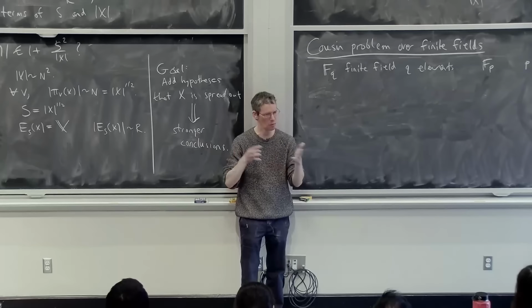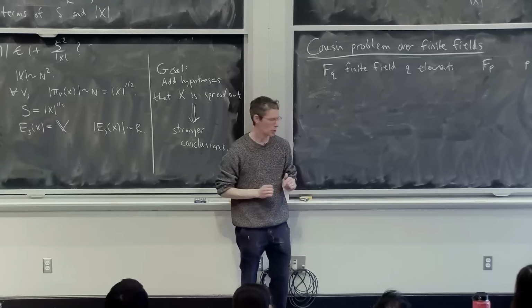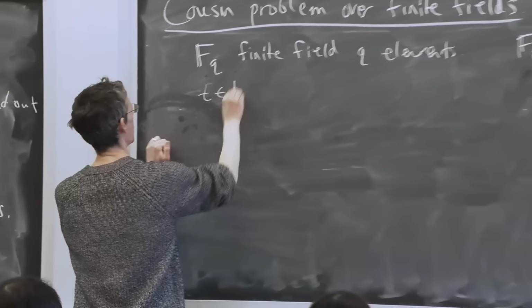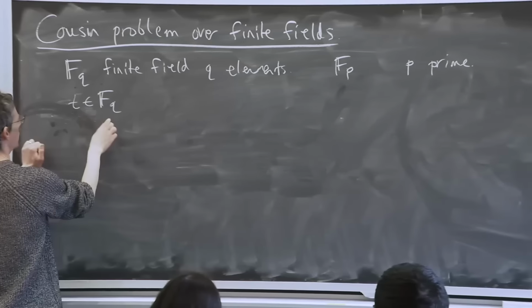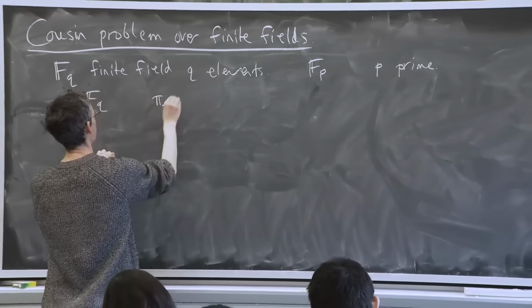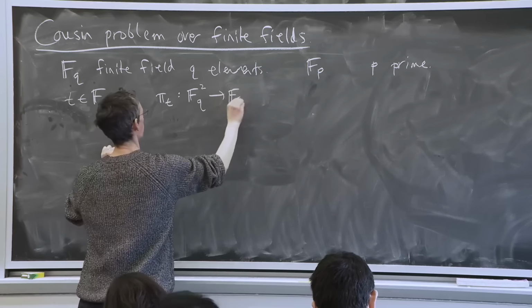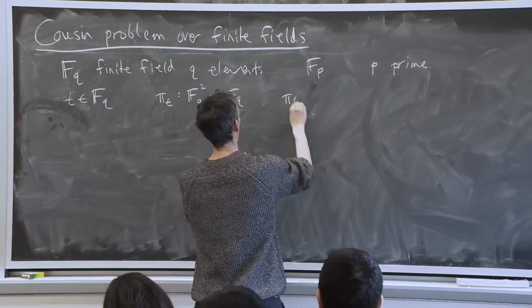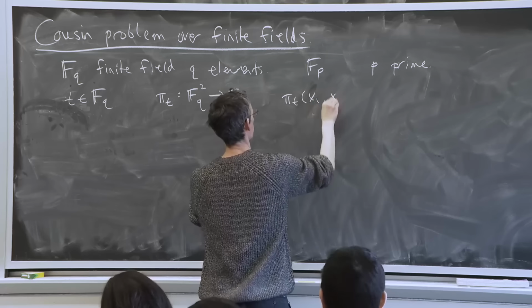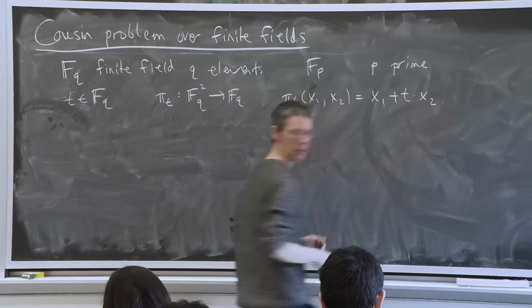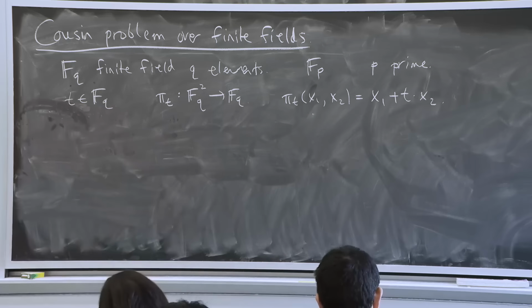So we're really looking at all the possible linear maps. So in terms of what are the possible projections, I can parameterize them just like this. So if T is in FQ, pi T will be a map from FQ squared to FQ. And pi T of x1, x2 is just x1 plus T times x2. OK, so those are a bunch of linear maps.